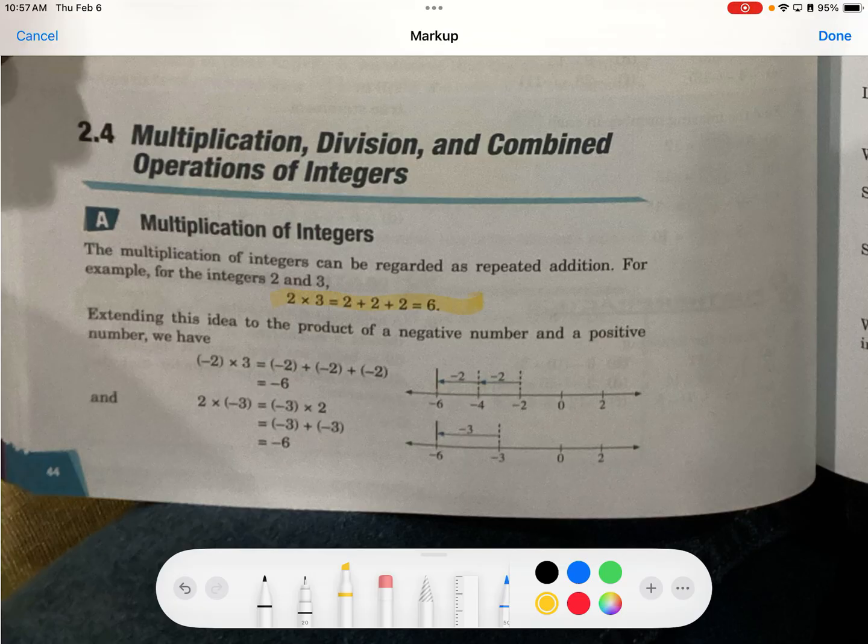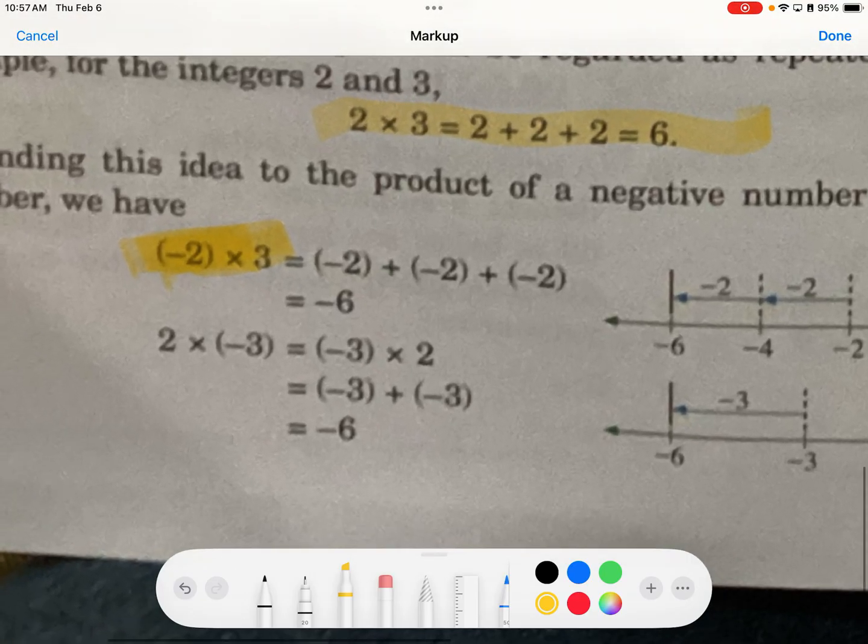Extending this idea to the product of a negative number and a positive number, negative 2 times 3 is negative 2 plus negative 2 plus negative 2. So it's negative 6.